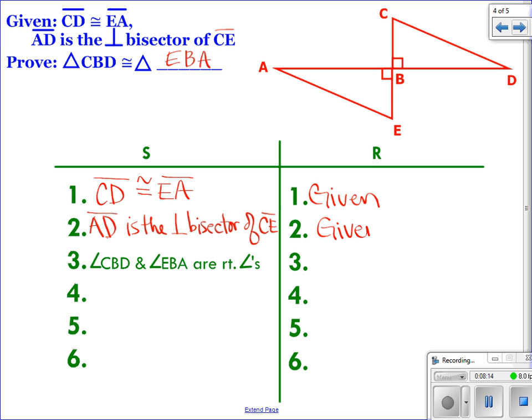All right, so we can put marks on there because those are congruent, which is something we need to say.